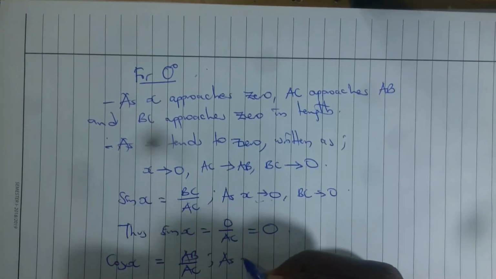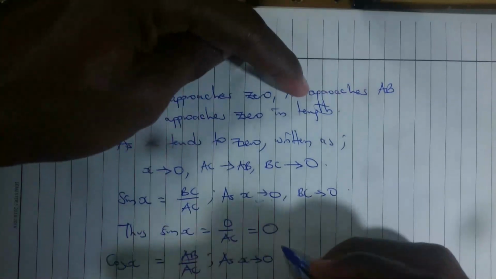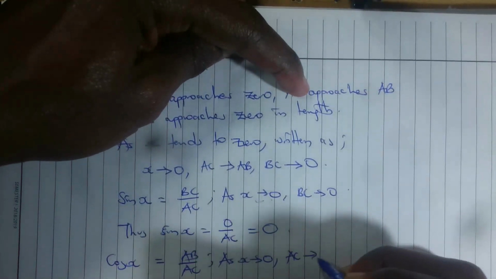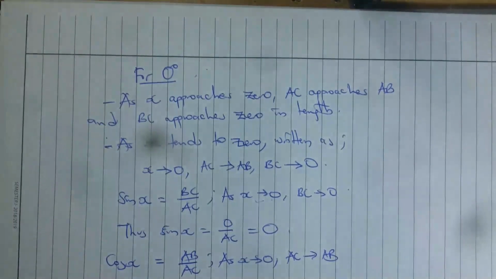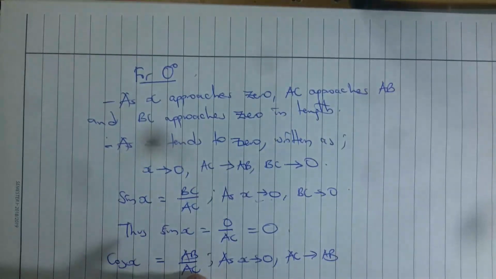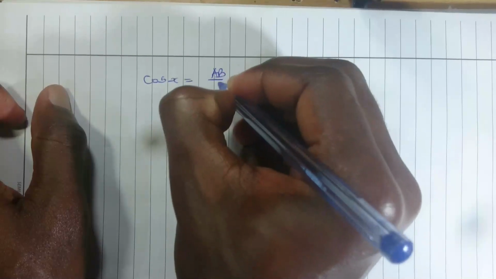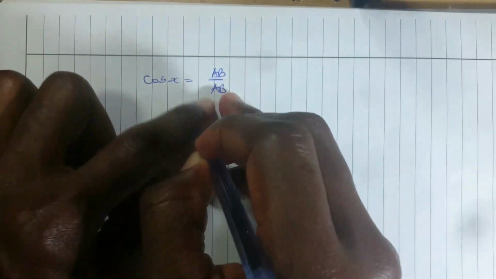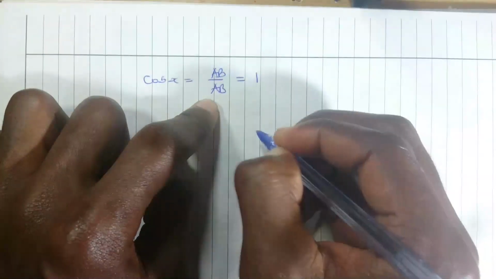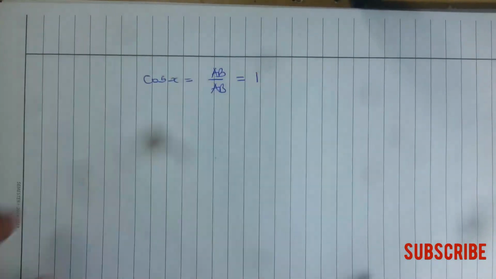But as x tends to 0, AC will tend to AB, so we replace AC with AB. So we'll have cos x given as AB out of AB, which gives us 1. So when x tends to 0, our cos 0 becomes 1.